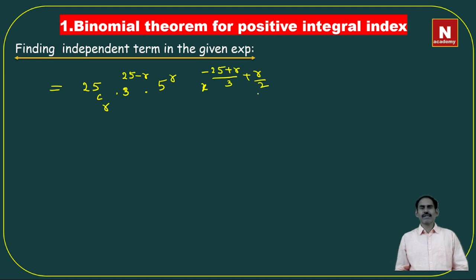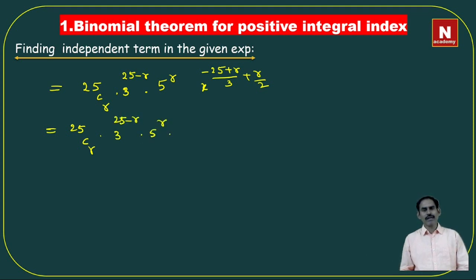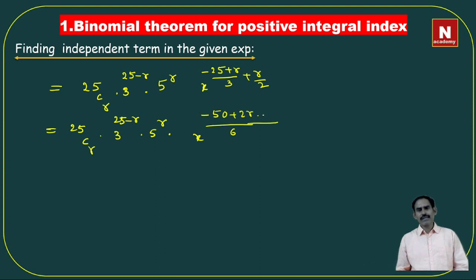Same step I am writing here. Take LCM: 25Cr · 3^(25−r) · 5^r · x^((−50+2r+3r)/6). This is equation 1.